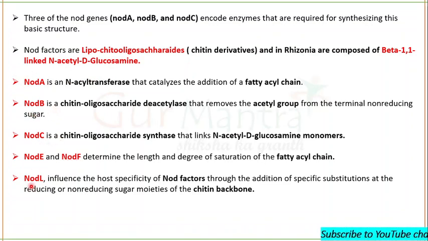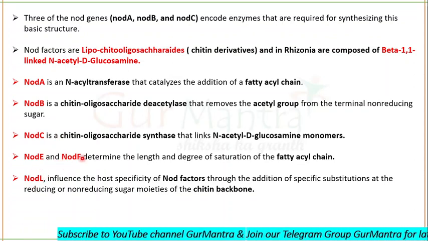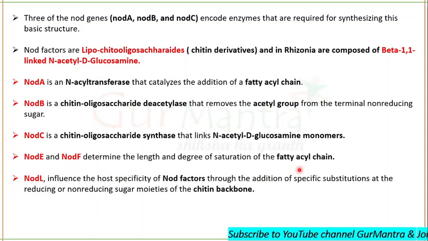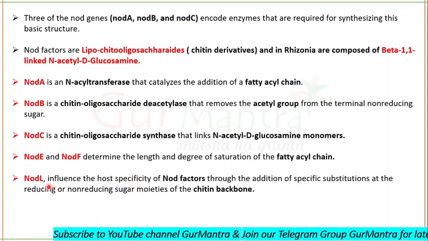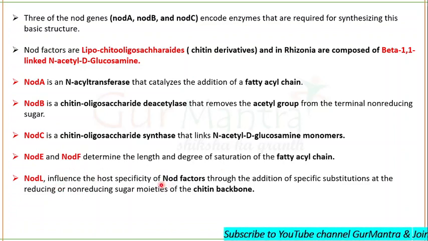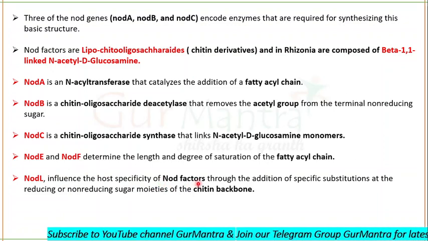NodE, F, and L, which are host specific, also perform some functions. NodE and F determine the length of the fatty acyl chain, and also the degree of saturation of the fatty acyl chain. NodL influences the specificity of Nod factors for their host. How?